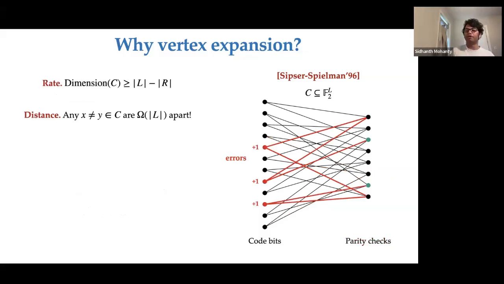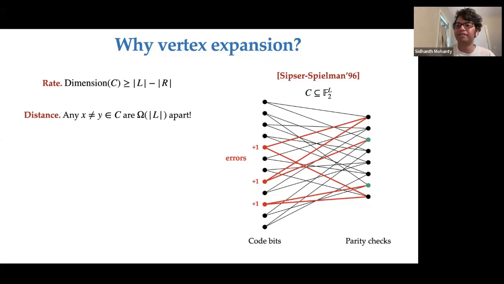Okay, so now this defines some kind of linear subspace of F2 to the dimension of the left-hand side. And in particular, because you put R constraints on the right, the dimension of the subspace is at least L minus R. So if L was even, let's say, 1.1 times R, this is a space of linear dimension.